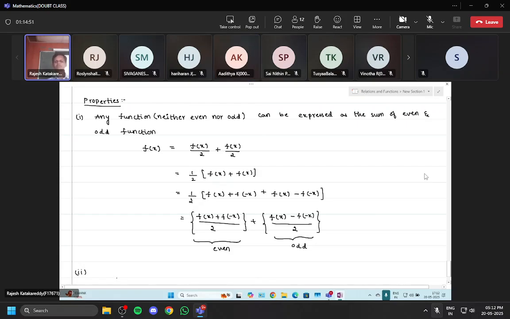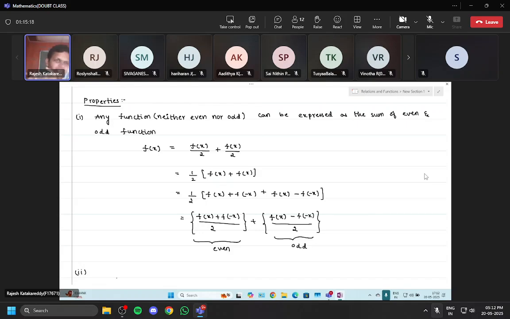Sir, won't this relation be valid for even and odd functions too? If the function, any function, I think it is. It is not necessary that it is even, not necessary that it is odd. I have taken some random f of x, right?